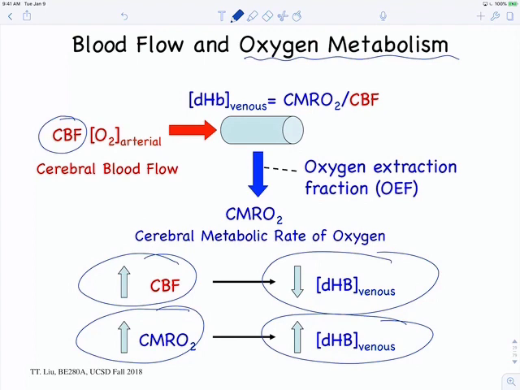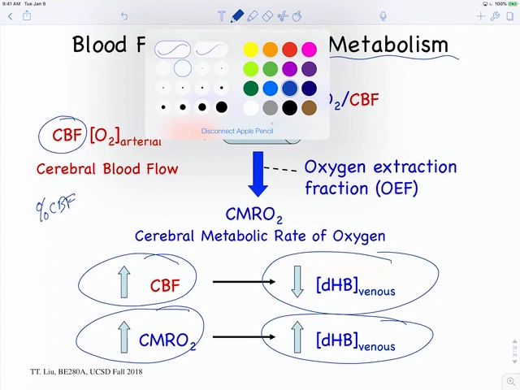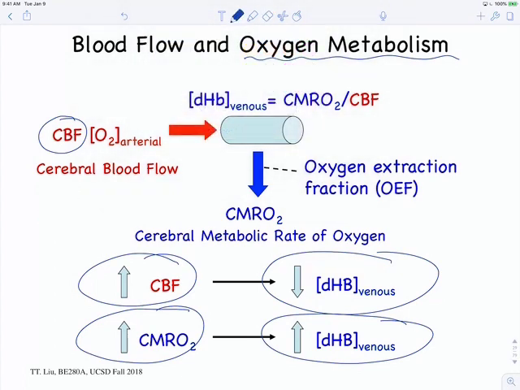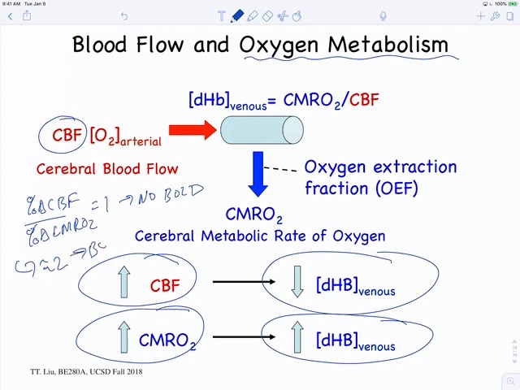If those were matched 1-to-1, if the percent change in blood flow divided by the percent change in CMRO2 was equal to 1, then they just cancel out, and there would be no BOLD signal. But it turns out that in practice the ratio is closer to 2, and that gives us a BOLD signal.